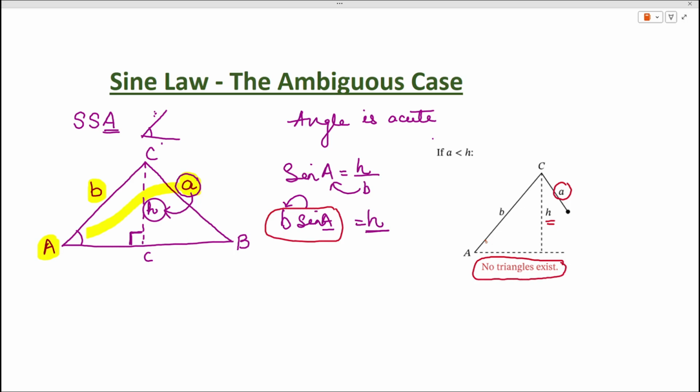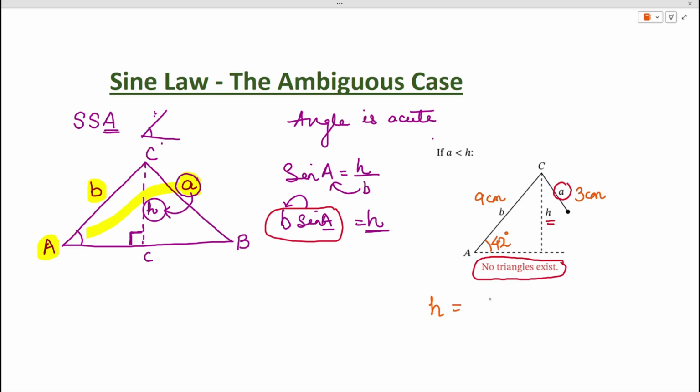Let us consider that angle A is given to us as 42 degrees. Side b is given as 9 centimeters, and side a is 3 centimeters. So we've been given two sides and one angle which is not the included angle. What we'll first do is find the height.